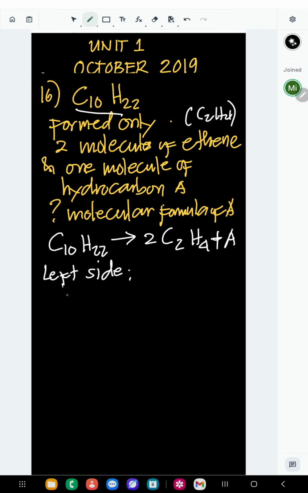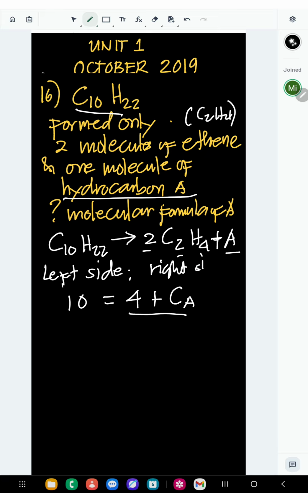So on the left side, we have 10 carbons, and we equate that to 4 carbons here, plus we don't know how many carbons the hydrocarbon A has. So we can just denote carbon of hydrocarbon A. So on the right side, we have 4 carbons plus the number of carbons in the given hydrocarbon A. And for hydrogen, we count the hydrogen atoms.